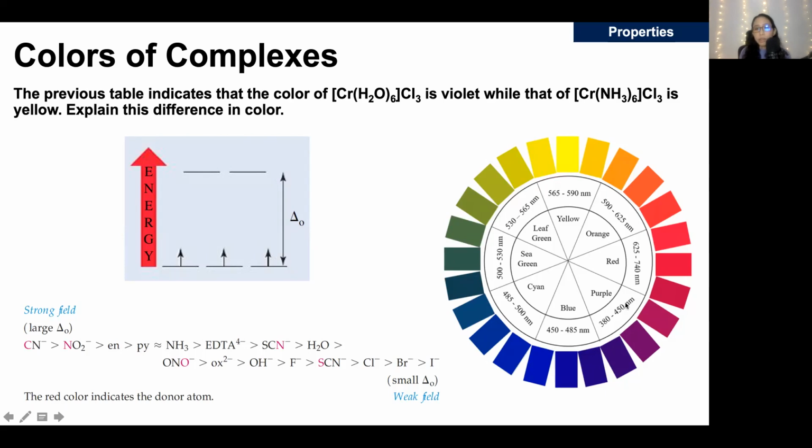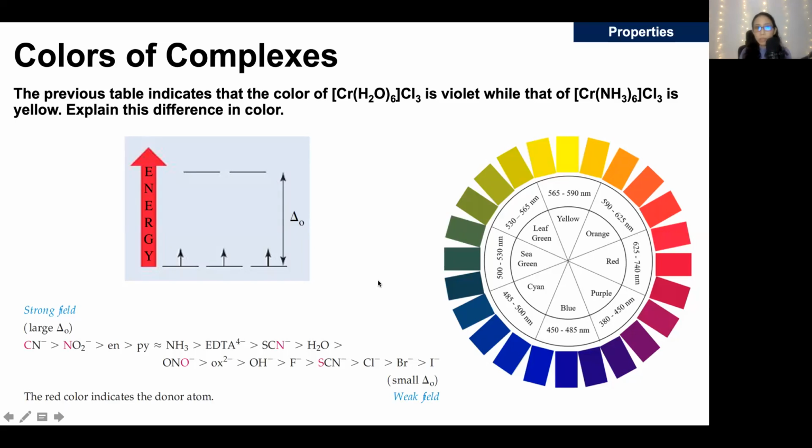Now let's associate. Blue has a shorter wavelength than green, which means this is associated with a higher energy gap. The green is associated with a smaller energy gap.